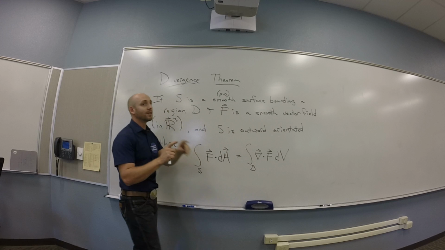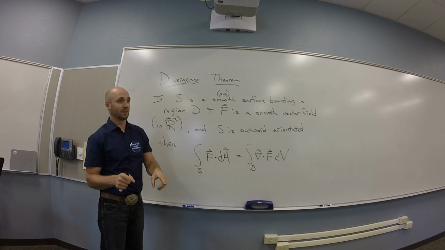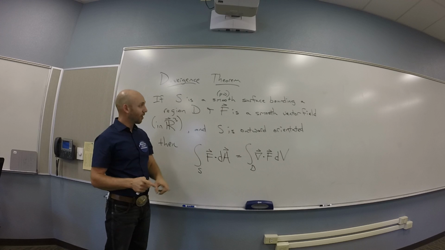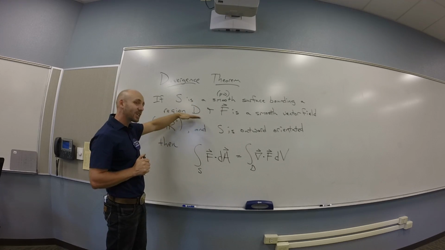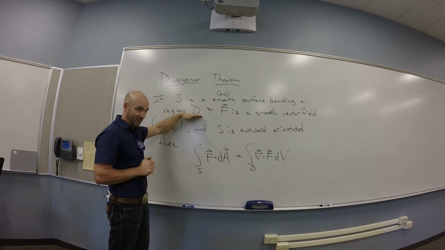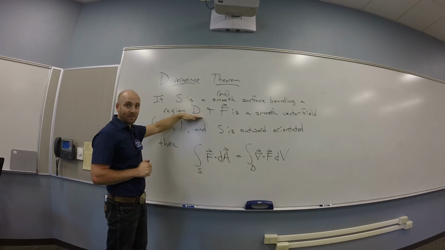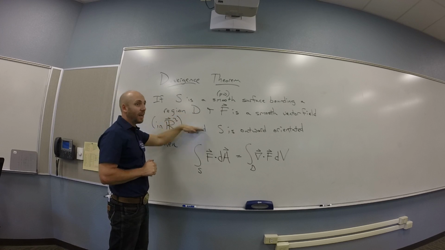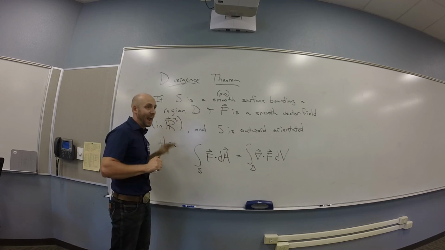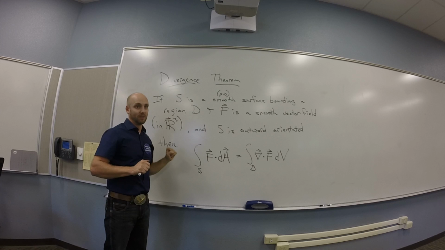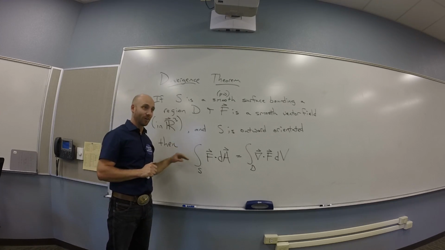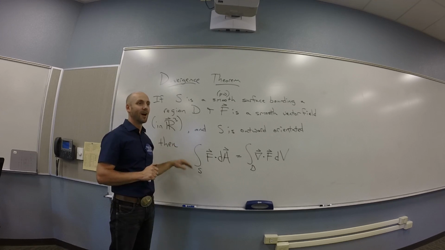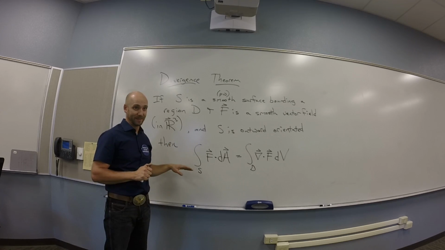And keep in mind, this only works when you have a smooth surface actually bounding a region. You guys see that? This will not help you do fluxes through graphs, for instance, because graphs necessarily pass the vertical line test, and thus they do not bound anything.